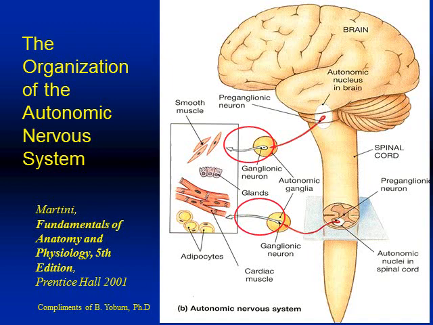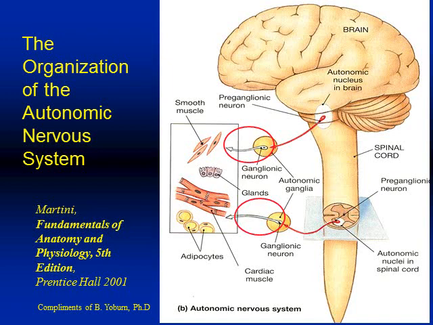And so remember, when it comes to the autonomic nervous system, we're dealing with a two-neuron link. The first will be coming out of the brain or the spinal cord, also known as the central nervous system, and entering into a region called the ganglion. Now, the ganglion is depicted for you here as this yellow circle, where the first neuron comes out of the brain or out of the spinal cord.